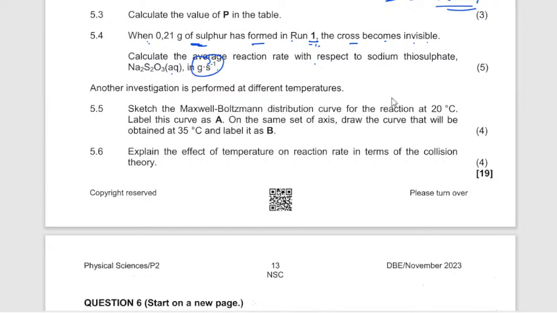So whenever you talk about a Maxwell distribution curve, it means you show which one is going to have enough kinetic energy.